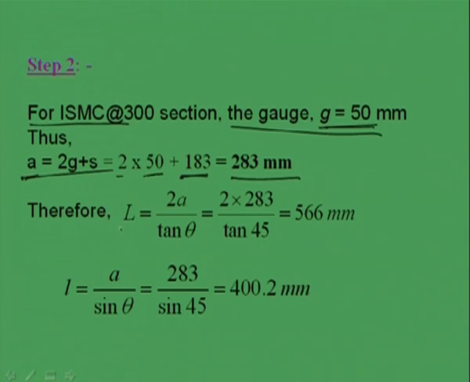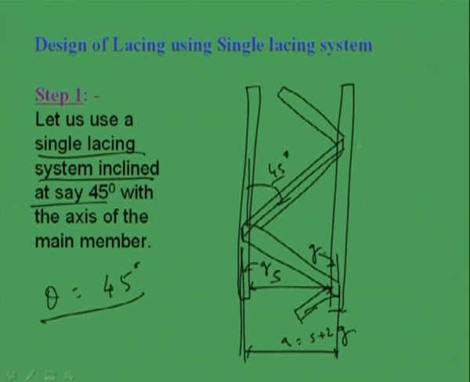Now, we have to find out L. L means this is the L, right. So, how do we find out? This is A we know, so we can find out L by 2. What will be L by 2? Because here if we see this is 45 degrees, so this will become 45.